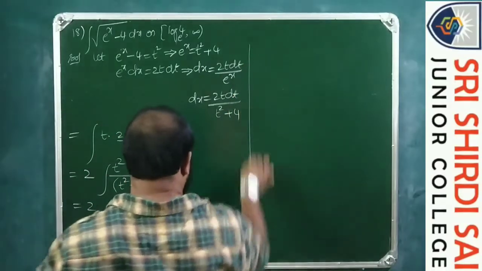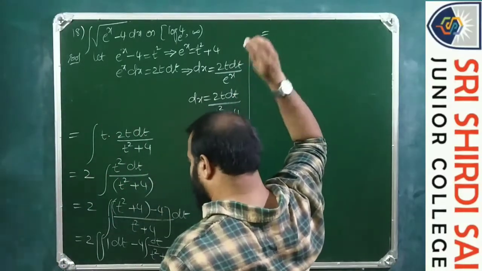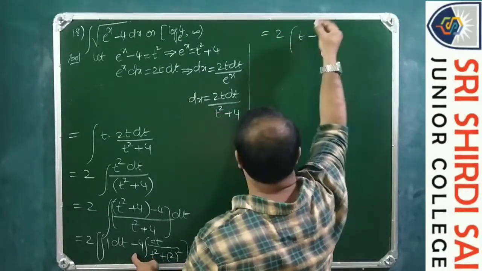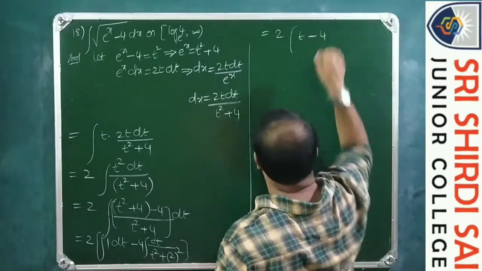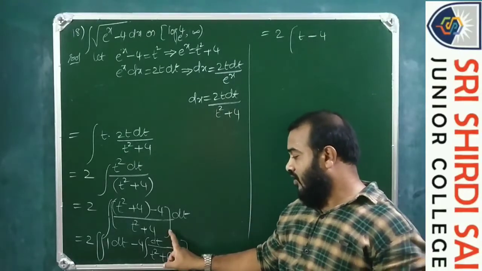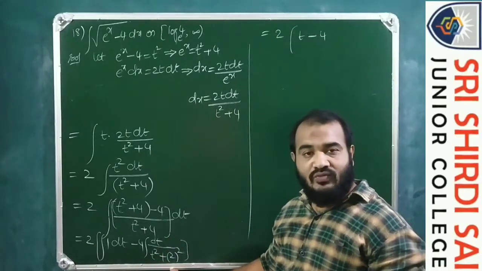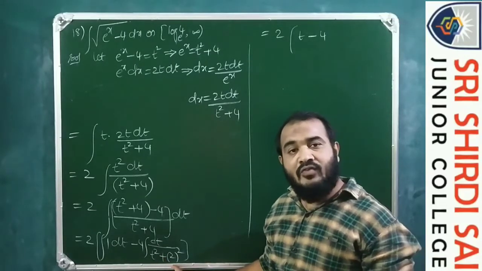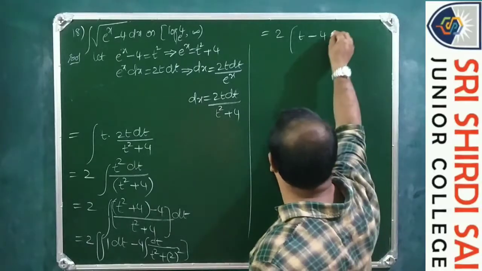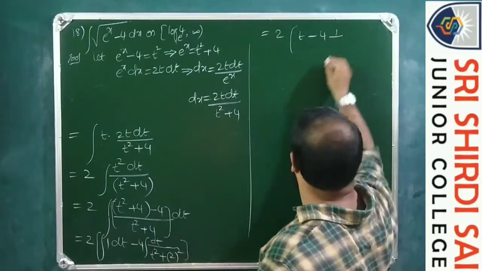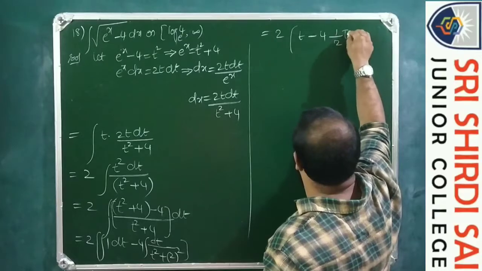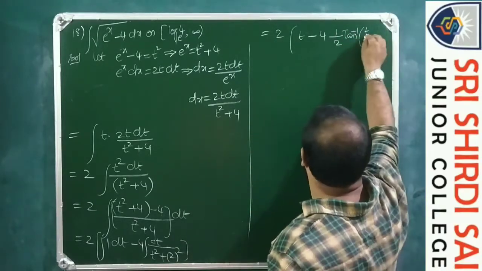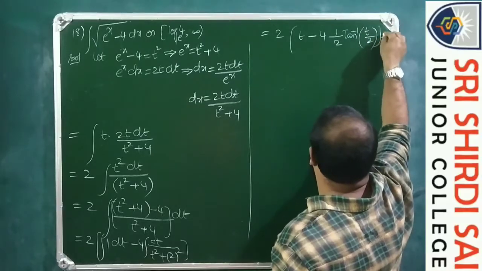Now this is equal to 2 into, integral 1 dt is t, minus 4 into, this is of the form integral 1 by x square plus a square. 1 by x square plus a square is 1 by a tan inverse x by a. So 1 by a here is 1 by 2, tan inverse x by a is t by 2, plus constant of integration c.